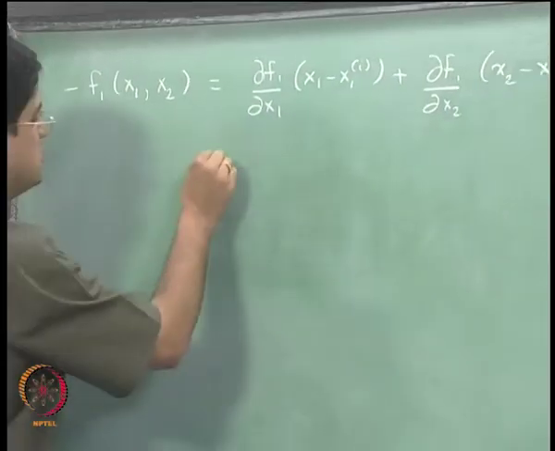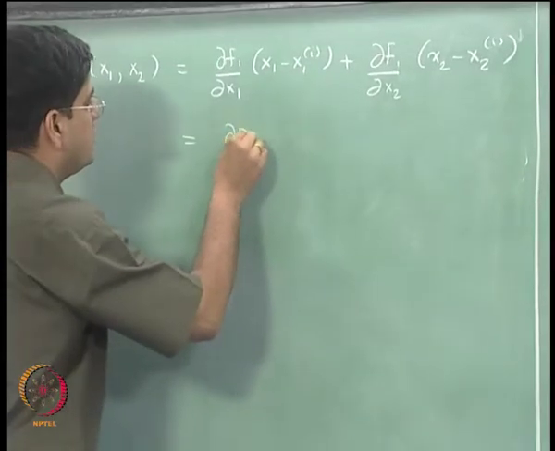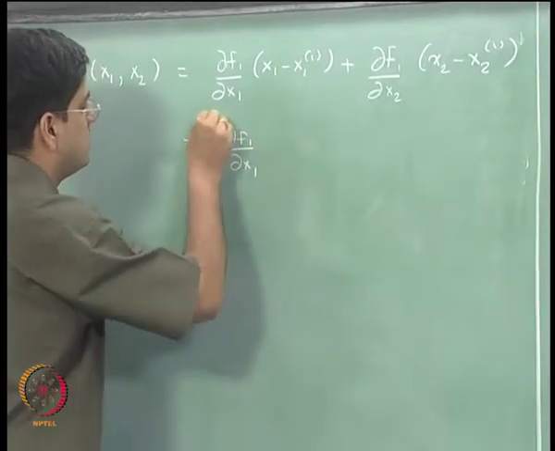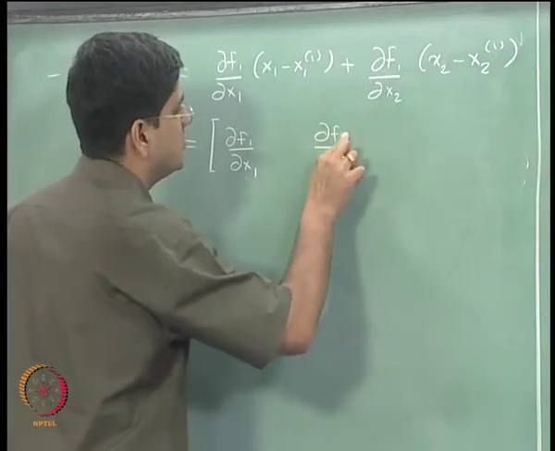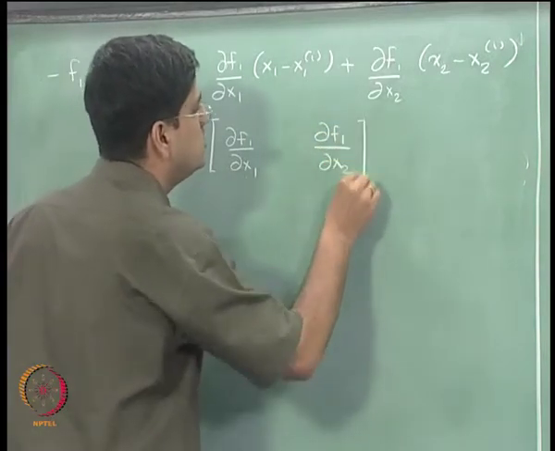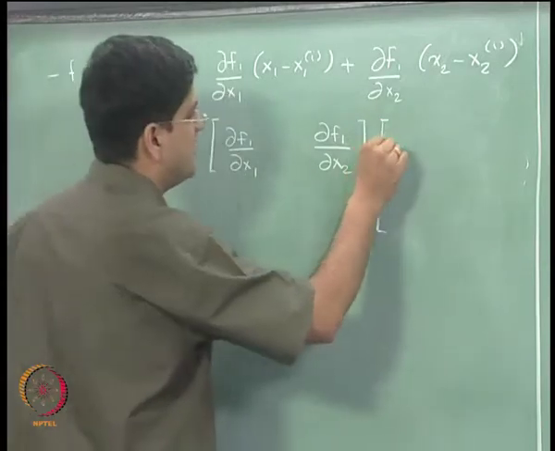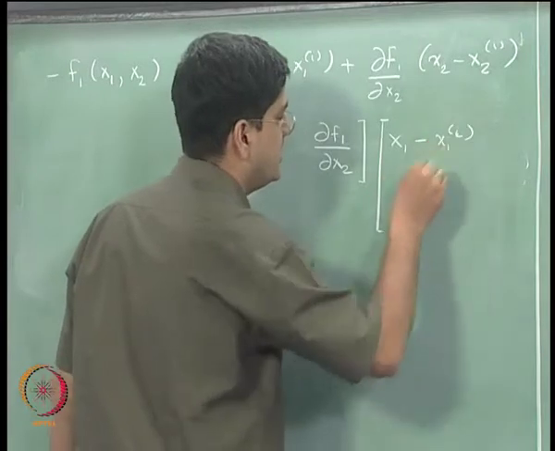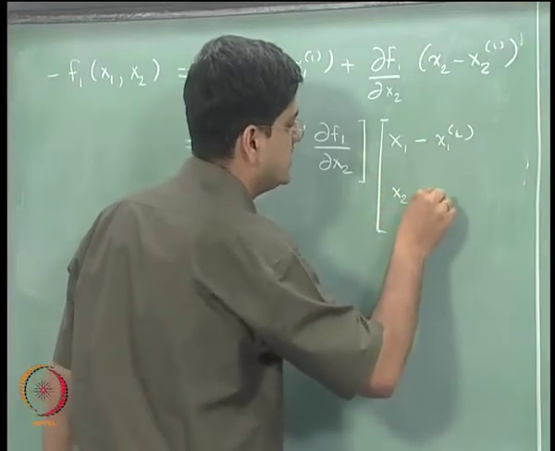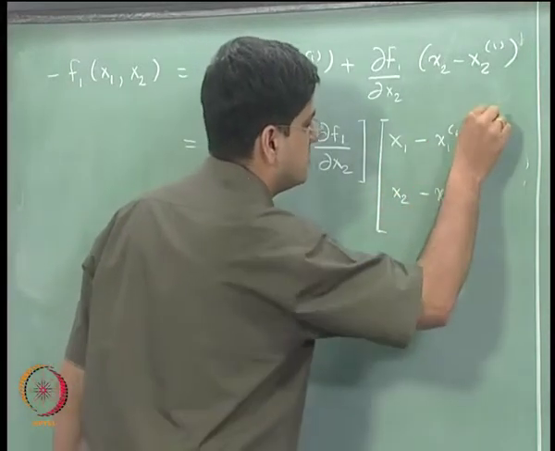Okay. And this we can also write as dou f1 by dou x1 and dou f1 by dou x2, multiplied by x1 minus x1i and x2 minus x2i.